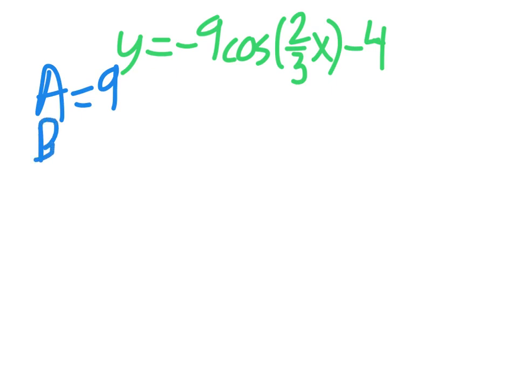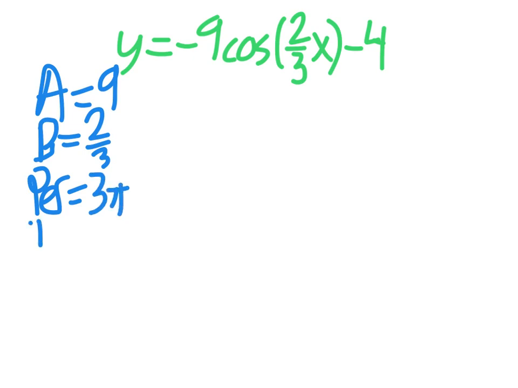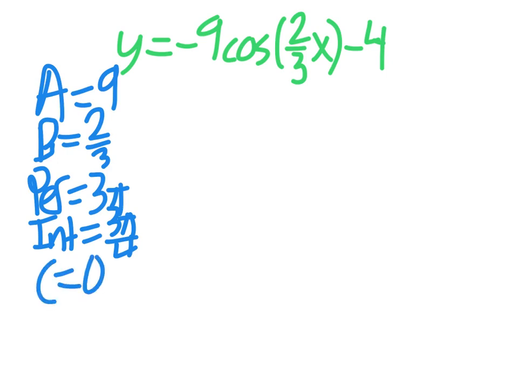Here we have b is equal to 2/3, so therefore the period is 2 pi over 2/3, which is just 3 pi. That means we have intervals of 3 pi over 4. Nothing is being added inside the parentheses, so there is no c, and d is just -4.